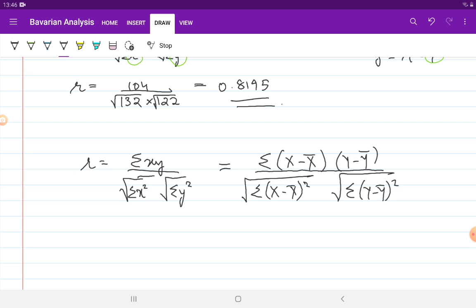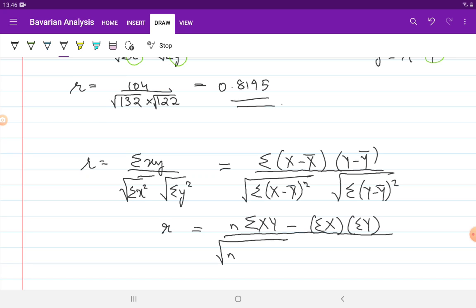Now from this, if you do a little bit of mathematical manipulation, you can arrive at another useful formula for the same Karl Pearson's correlation coefficient, which is n times sigma xy minus sigma x into sigma y, and under the square root you have n times sigma x square minus sigma x whole square.